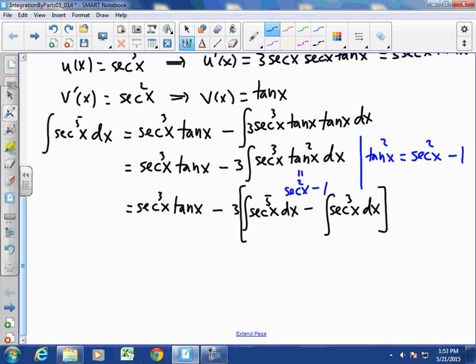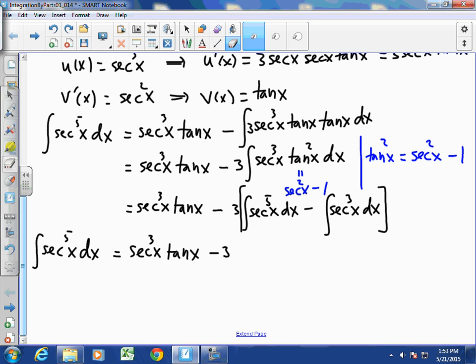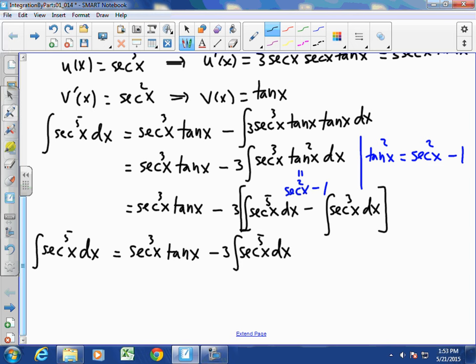See that we have a minus sign in front of the 3 here. So the integral of secant to the fifth x dx is equal to secant cube x tangent x minus 3 integral of secant to the fifth x dx plus 3 integral of secant cube x dx.